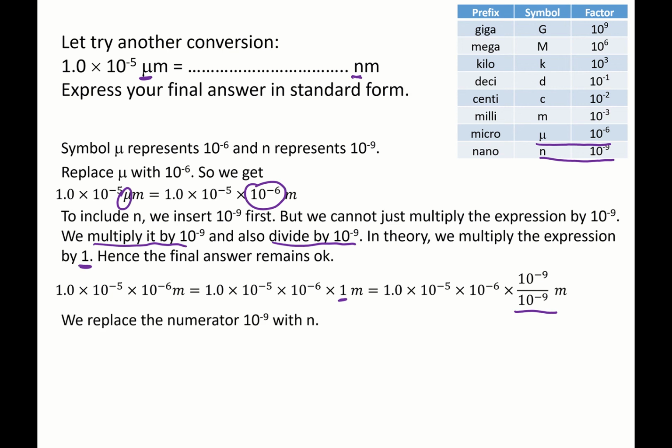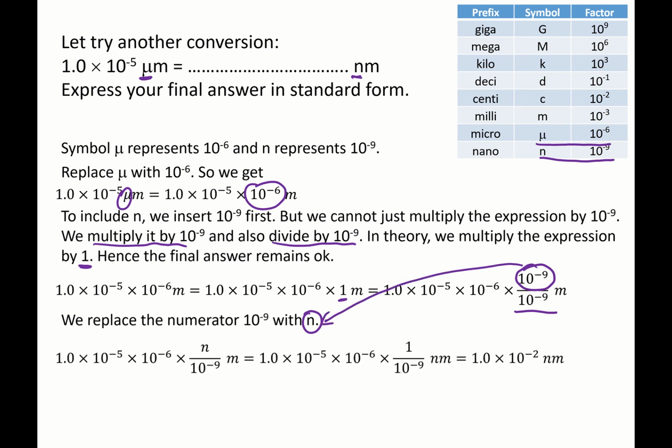Then we replace 10 to the power minus 9 with n. And hence we get n over 10 to the power minus 9 meters. Bring out the n, we get nanometer. Take a calculator, press this expression, we get 1 times 10 to the power minus 2 nanometers. And that's how you do your conversion step by step.